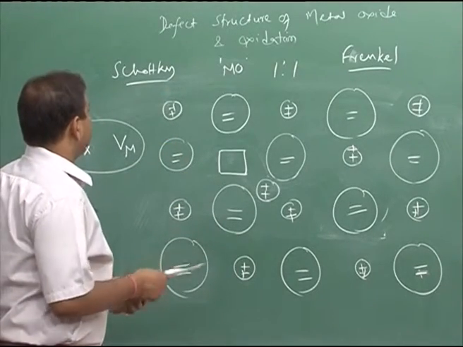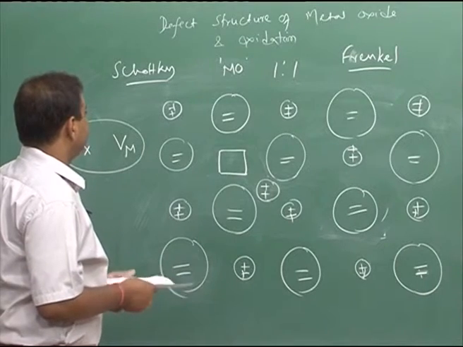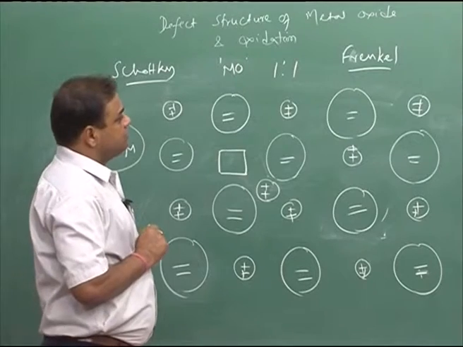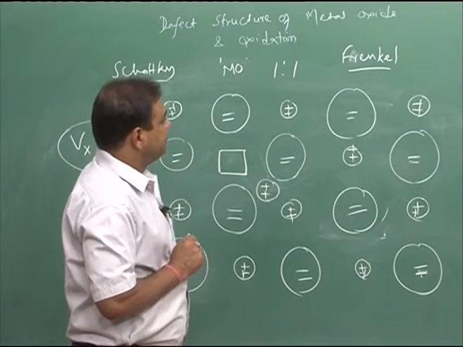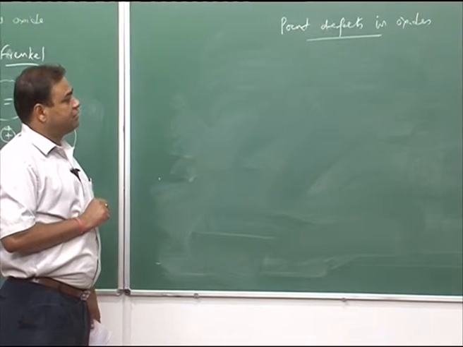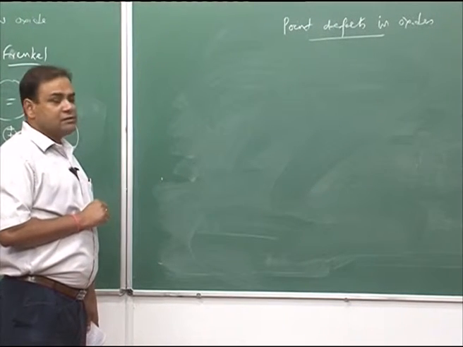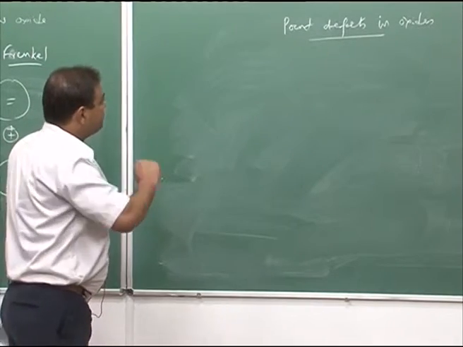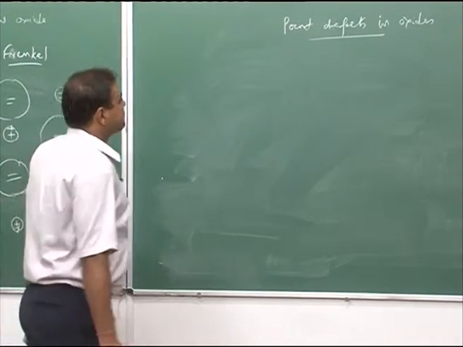Stoichiometry is very hard to find because such defects are thermodynamically unstable. So, in order to explain the oxidation behavior of metals, we need to concentrate more on non-stoichiometric defects.